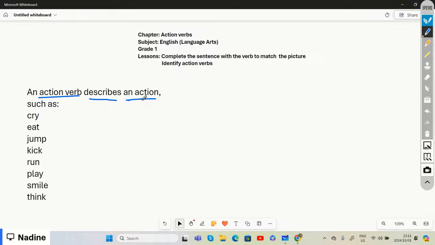All right, so now I'm going to write down a few sentences, and then you're going to tell me what the action verb is within that sentence. Just simple ones.